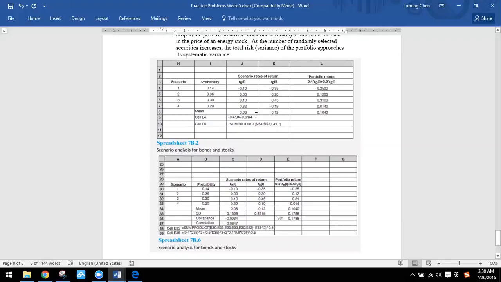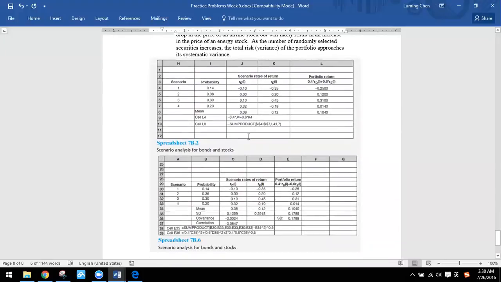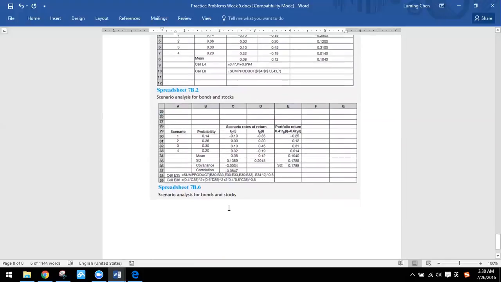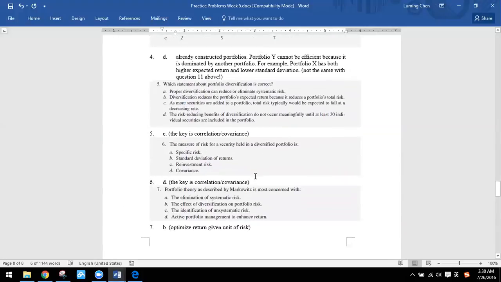The calculation method is the same as in previous problems, so we will not cover it here. You can review this in Excel. That's pretty much chapter 5 to chapter 7.